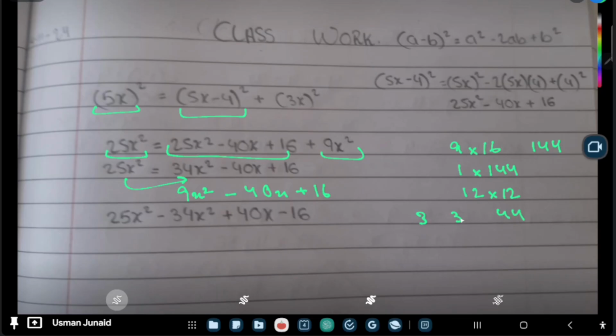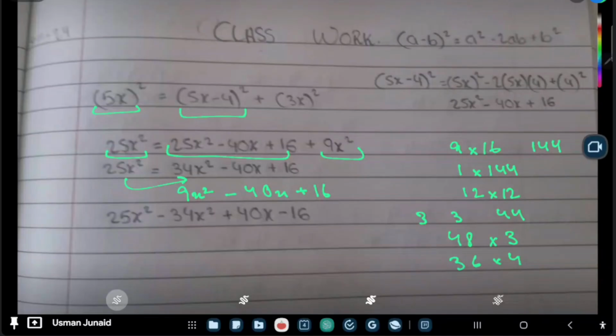4 times 4 times 3 is 16 times 3. What's 16 times 3? 48. You've got 48 into 3. You've got 9 into 4, which is 36 and 4.